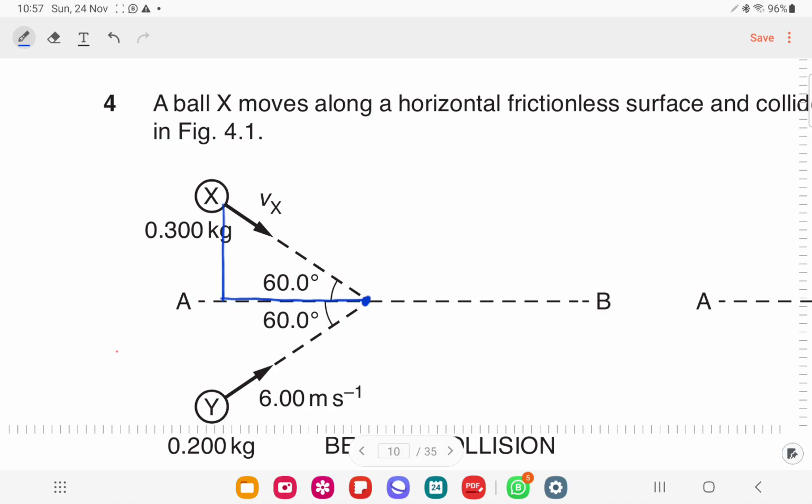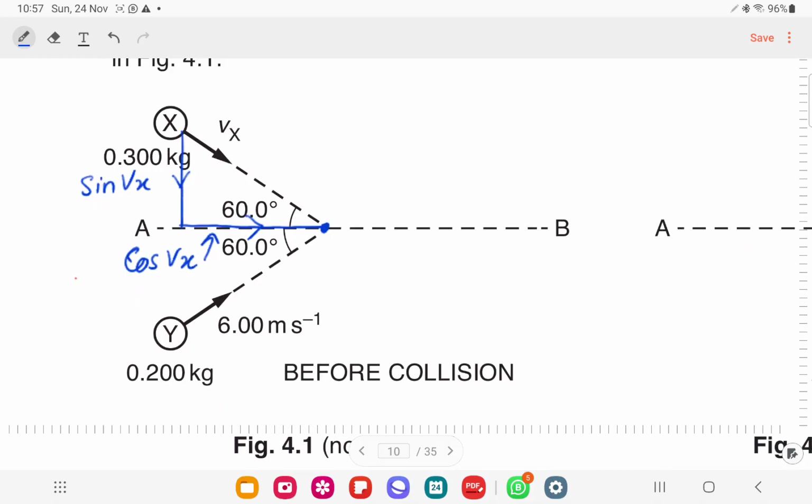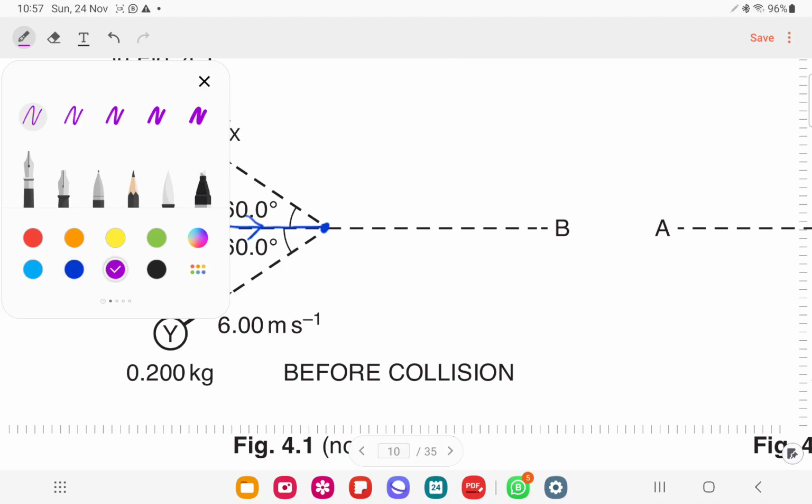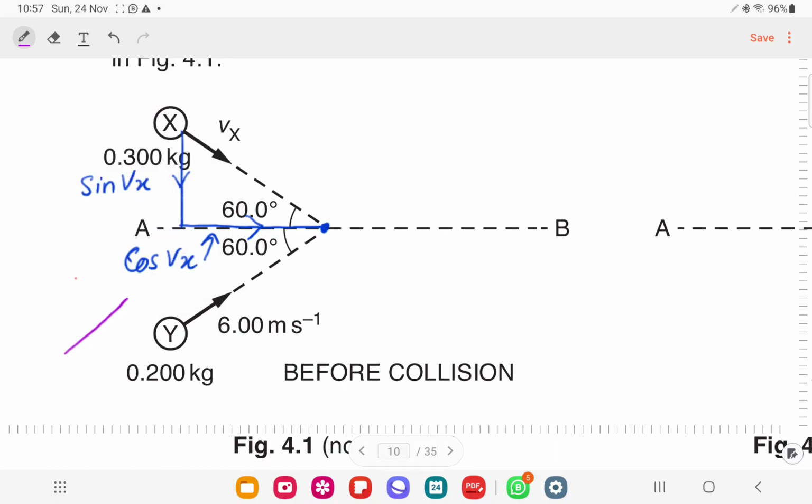Now for the 60 degree angle, in front of angle theta we always have a sine, so I can say this is sin Vx, and this will be cos Vx, this side. Now if we look at the arrows, sin Vx is pointing downward, cos Vx is pointing towards the right. For now I have resolved the upper Vx velocity. Vy, if I resolve it on the side, for instance with another color so that there is no confusion, I am resolving it only on the side for your reference. This Vy is going in this direction.